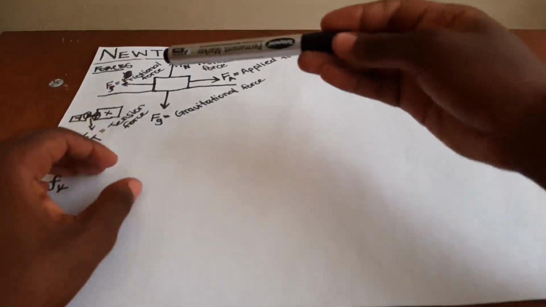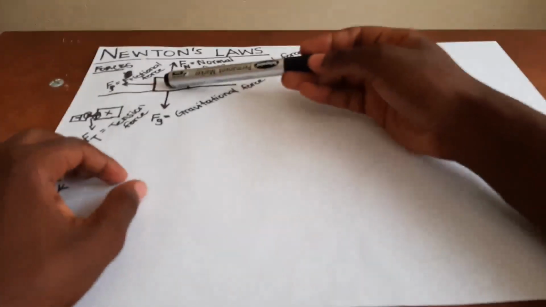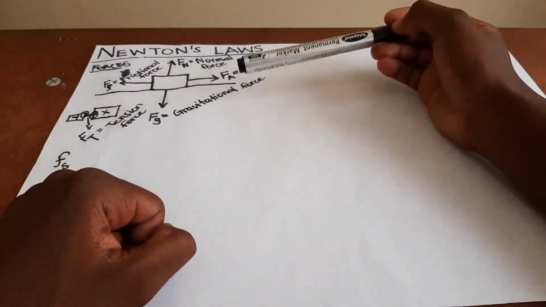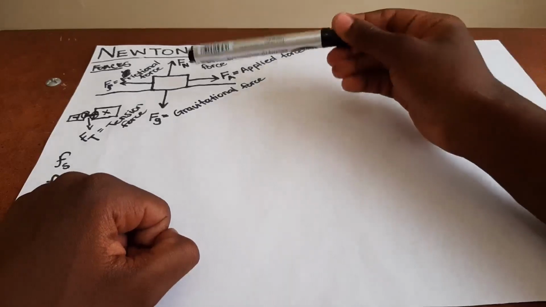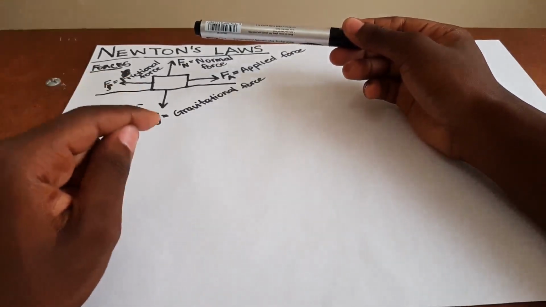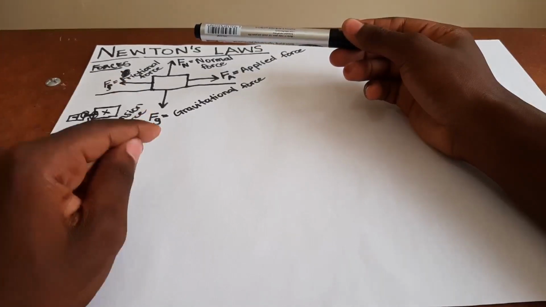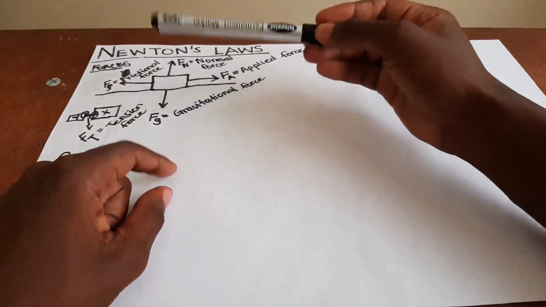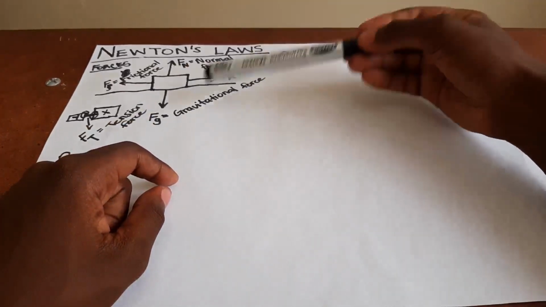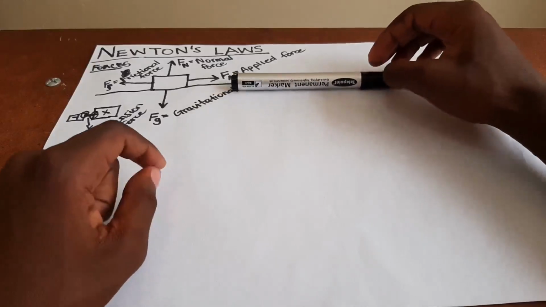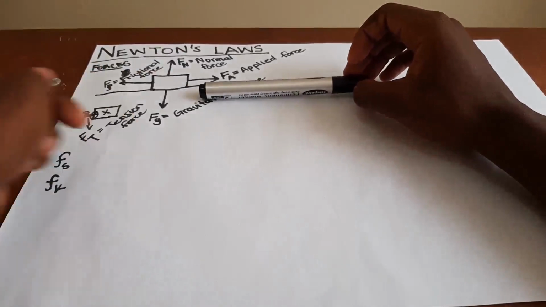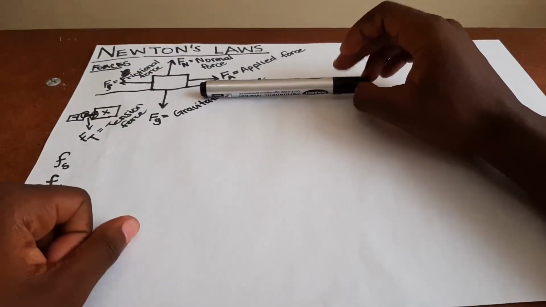If I push this object, there is another force opposing this object from moving. If I'm pushing this object this way, there's another force, called frictional force, that slows it down, to the left hand side.